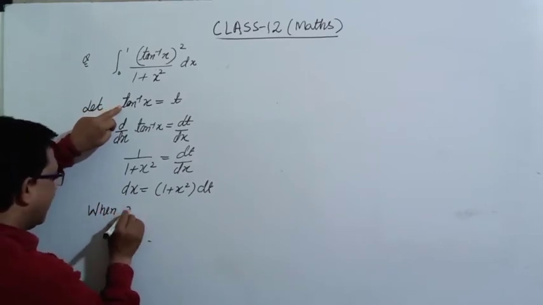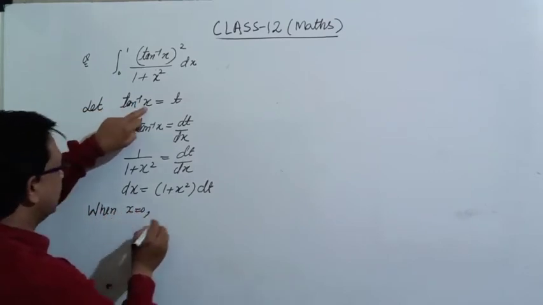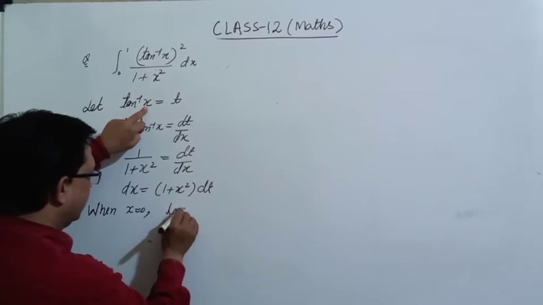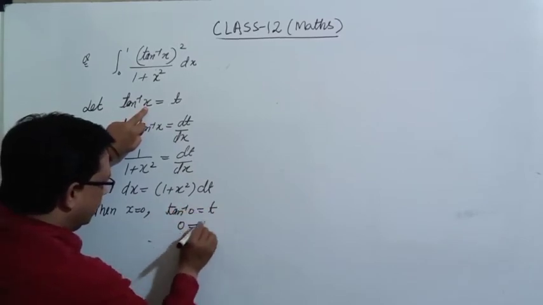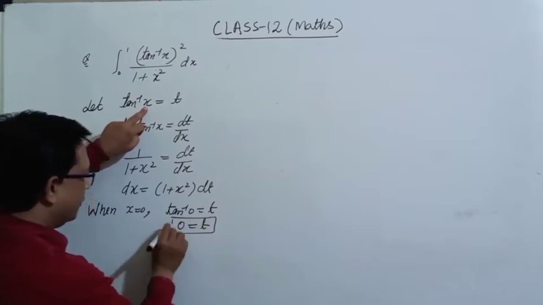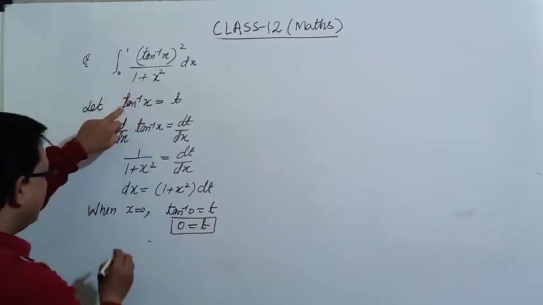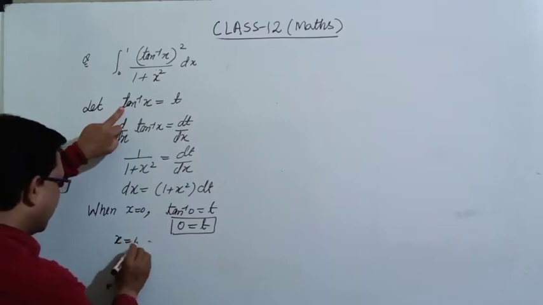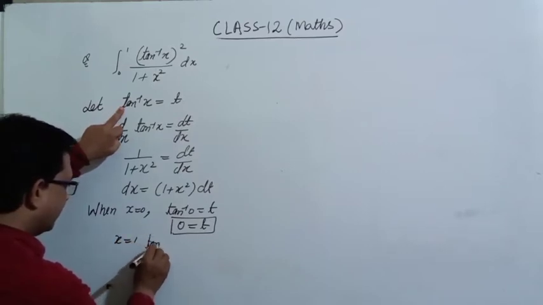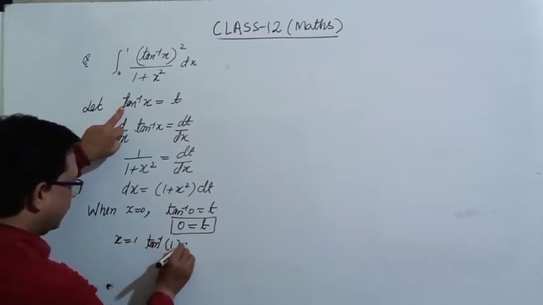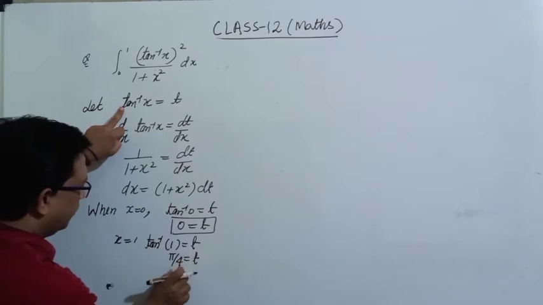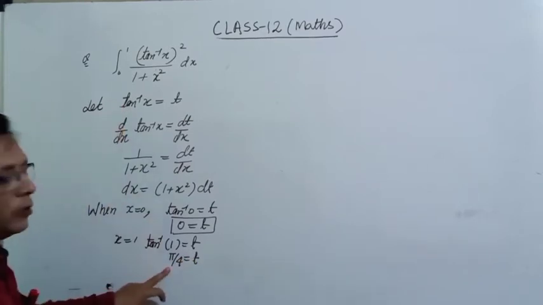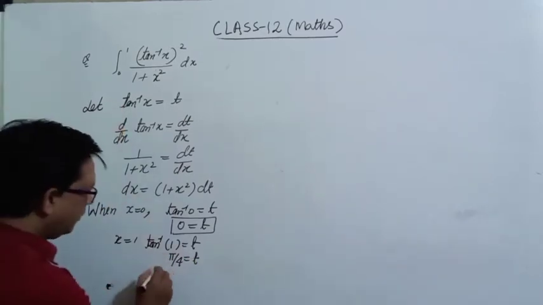When x is equal to 0, we substitute 0: tan inverse 0 is equal to t. The value of tan inverse 0 is 0. So this is the new limit. When we put x is equal to 1, we get tan inverse 1 is equal to t. The value of tan inverse 1 is pi by 4. So t is equal to pi by 4. Here we get the new limits, 0 and pi by 4.